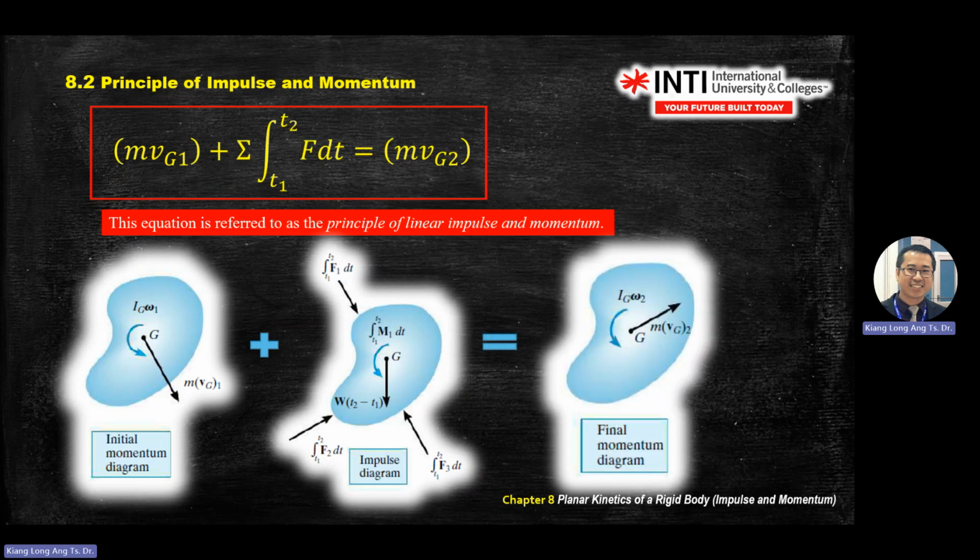This is just a combination of what happens in the principle of impulse and momentum. mv1 means the momentum at the center of gravity in one direction, plus the impulse with the effect of time, equals the momentum there.